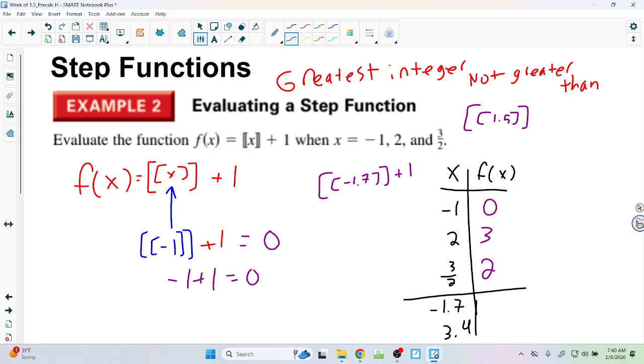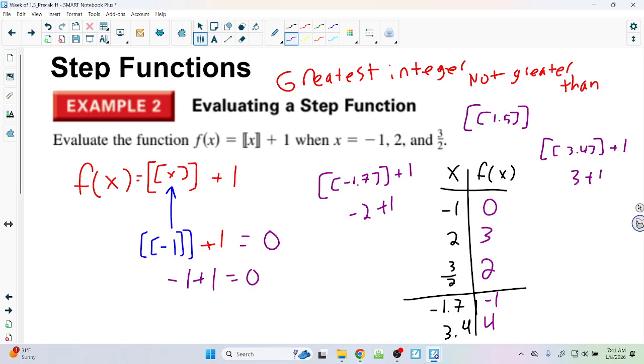So it's going to round down to -2, plus 1, so -1. Pretty simple, right? And then the next one, I put 3.4. Take 3.4, put it into the greatest integer not greater than, and then add 1. So 3.4, round it down, 3, right? 3 plus 1 is 4.